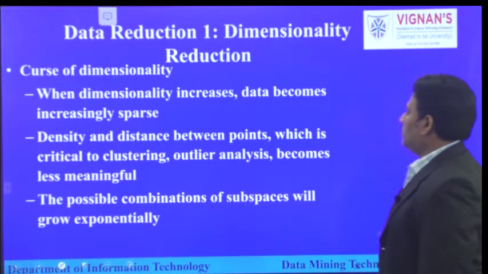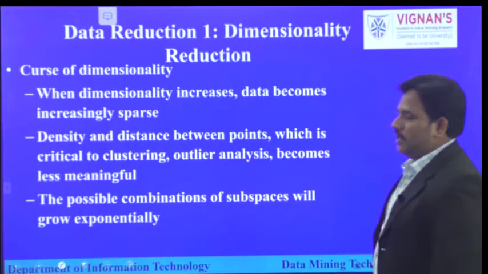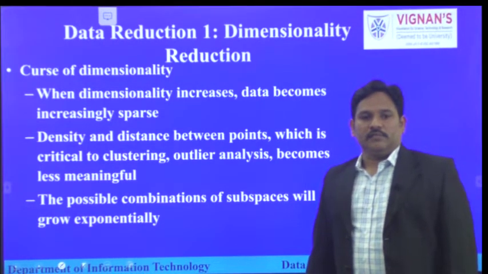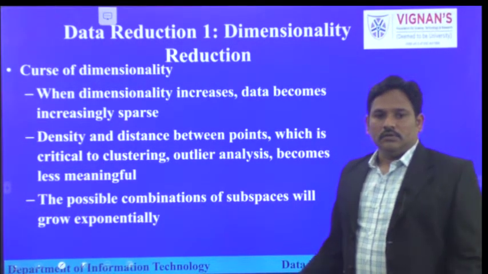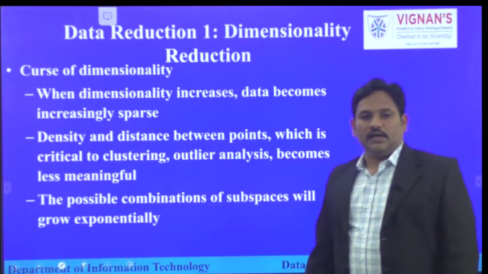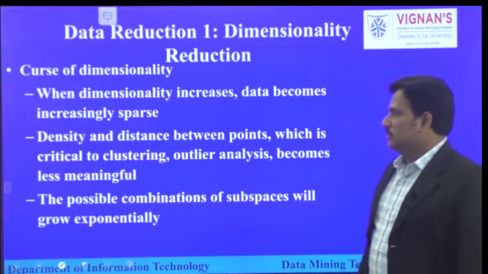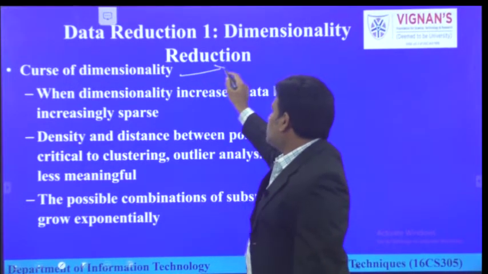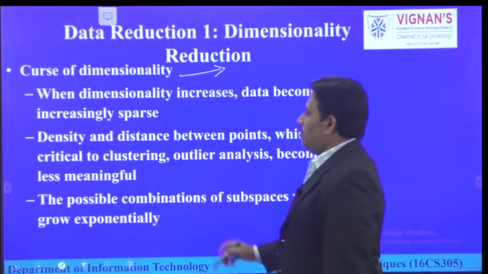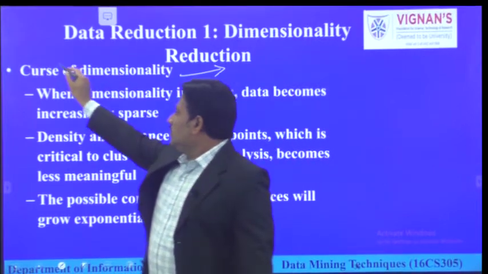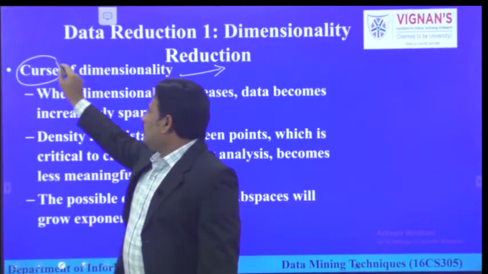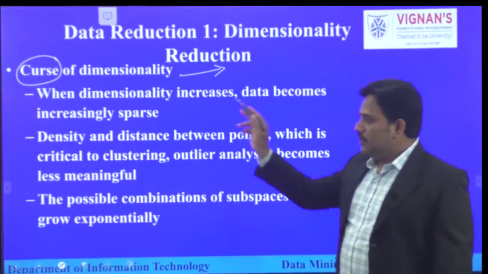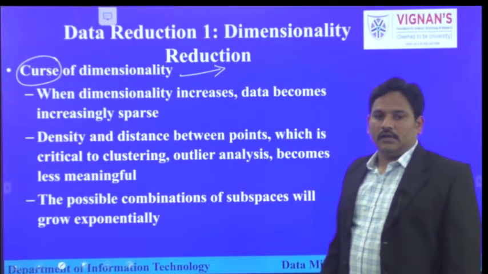Now first we'll go for what is dimensionality reduction. That means under data reduction, what is dimensionality reduction? If we are not going for dimensionality reduction, what problem will arise? The first or foremost problem is the curse of dimensionality. That means when we have more dimensions in any complex data set, that dimensionality count may lead to a curse on the entire data set.